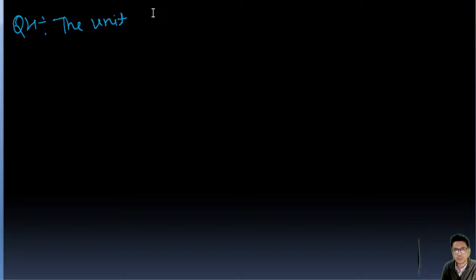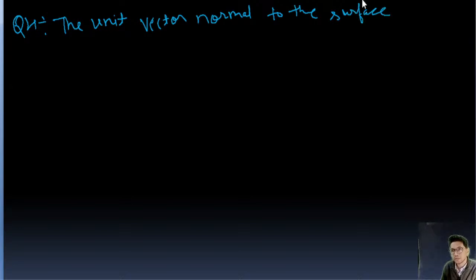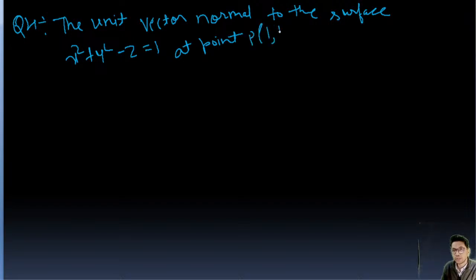The unit vector normal to the surface x square plus y square minus z equal to 1 at point P equal to (1, 1, 1) is.